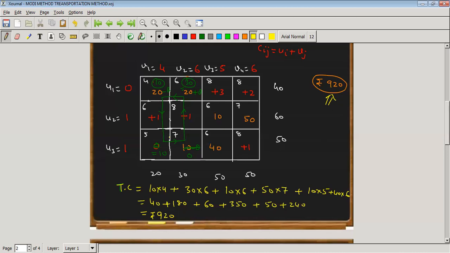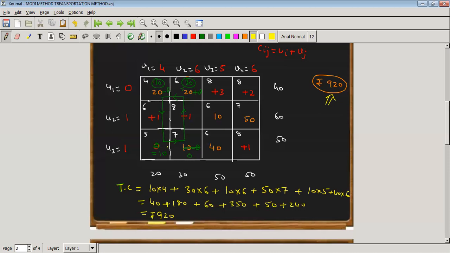Even the stepping stone method is a longer method. Again, we find the same cost by using the stepping stone method, but the number of steps is large as compared to the modified distribution method. So this is one of the best methods to find the optimal solution.